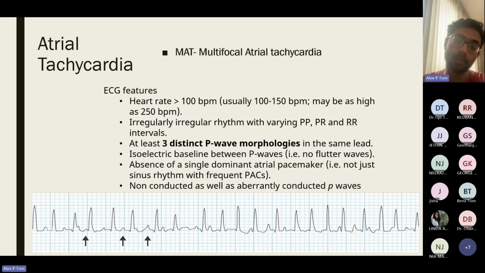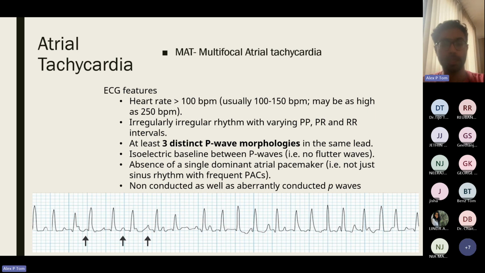Suppose that arrhythmogenic focus is somewhere further away in the atria from the AV node, it will take more time for that impulse to conduct to the AV node. Hence, there will be a longer PR interval. So there are varying PR intervals and varying morphology of the P wave. So you can see this is a multifocal atrial tachycardia.